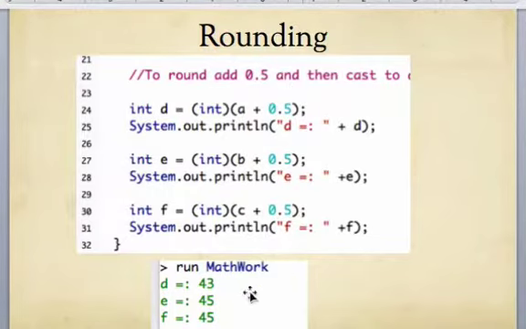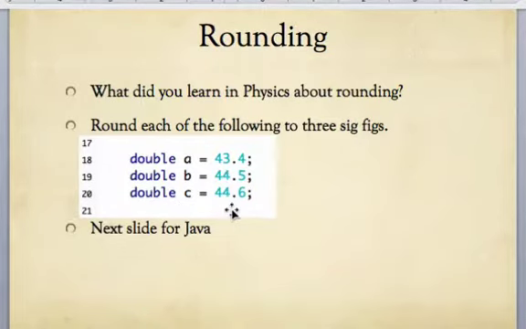So that's what you do, and here are the results. It turns out that both of these are going to round up, and that one will round down. So effectively, 0.5 and up will round up, 0.4 and down will round down. That actually makes perfect sense if you think about it.